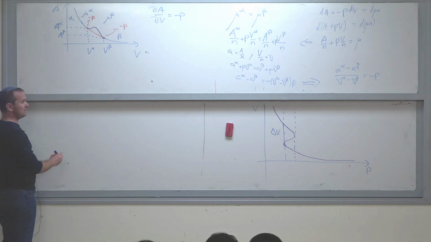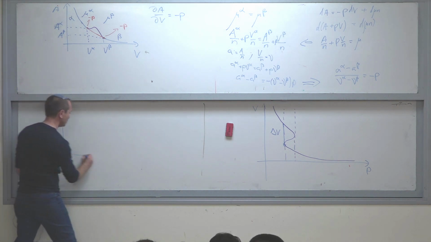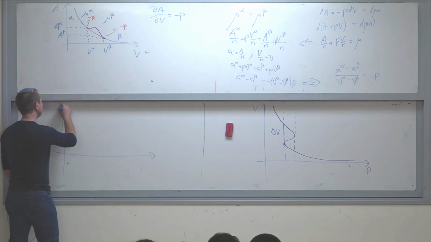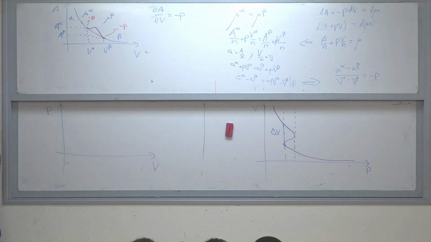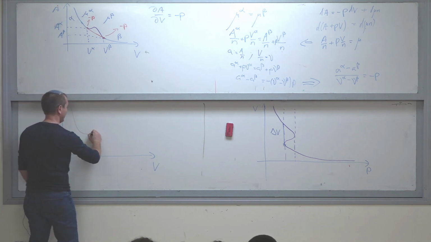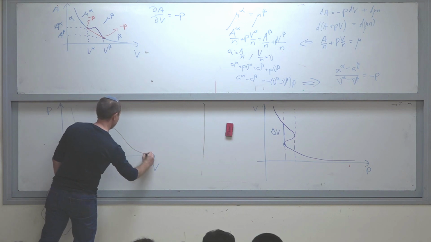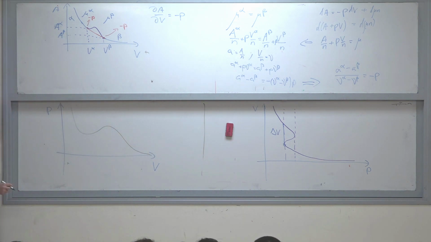How so? Because I can now go to the PV plane, right? So what happens on the PV plane? I have this P and V, right? This is my construction over here, okay?